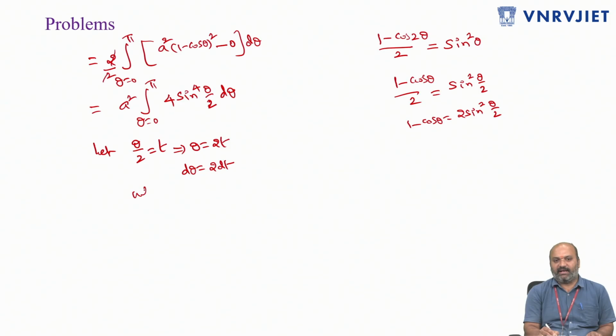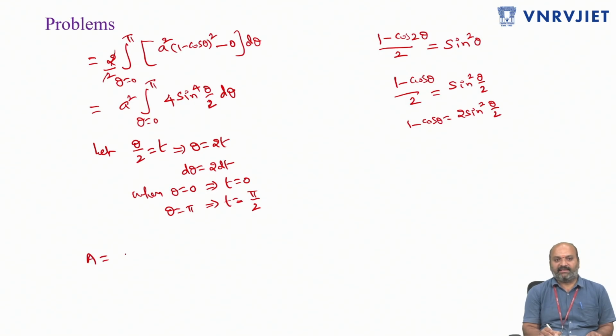What are the limits for t now? When theta is 0, the corresponding value for t is also 0. When theta equals pi, if you substitute, t equals pi by 2. Let's substitute this.